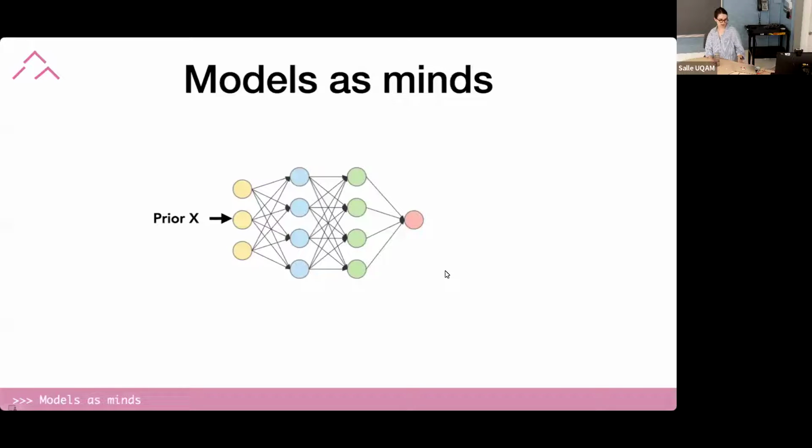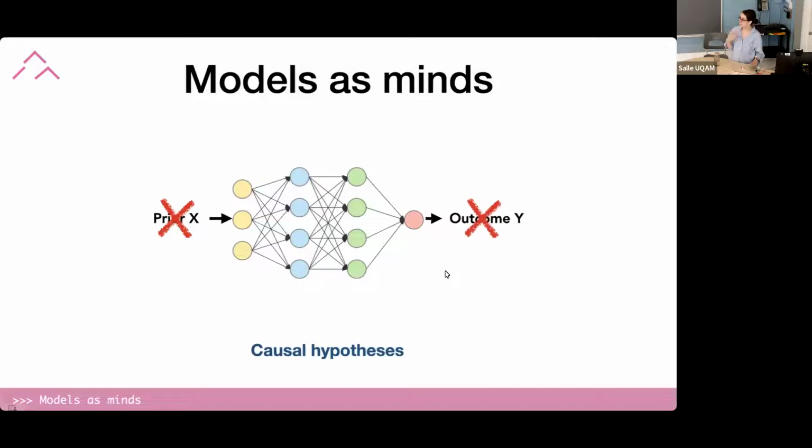So if you have a hypothesis about whether or not some prior X, be that some distributional information in your input, or a learning bias that's encoded in your model or something, causes some learning outcome Y, we can figure out whether or not there may be a causal relation, direct or indirect, between X and Y by either modulating or removing X and seeing whether or not that modulates or removes Y, okay? And so this will give us evidence for a causal hypothesis.